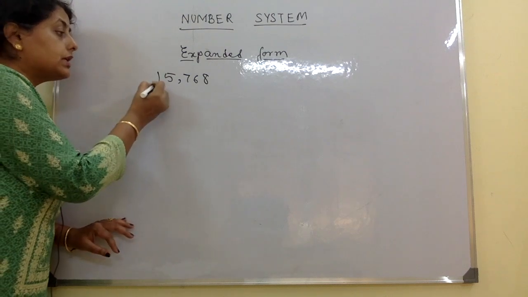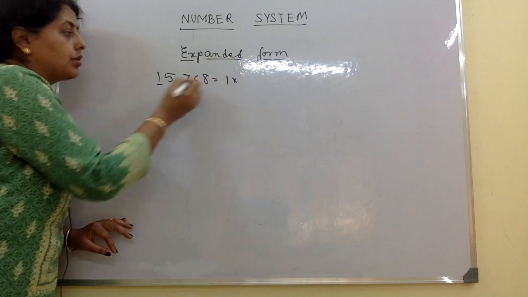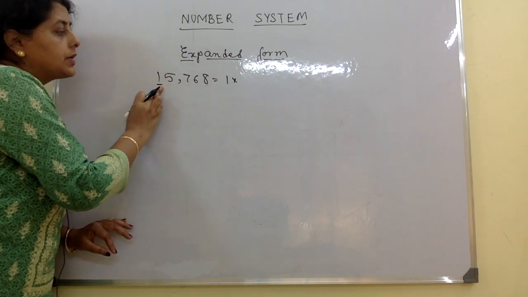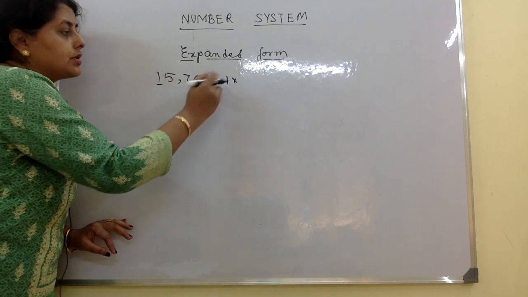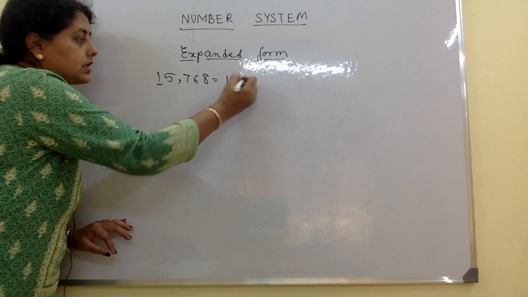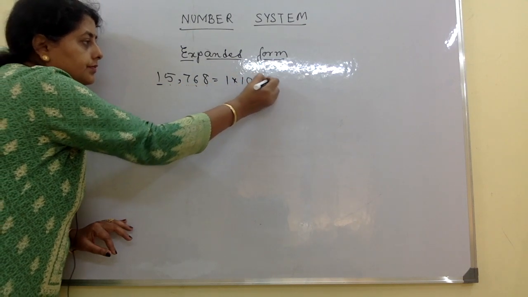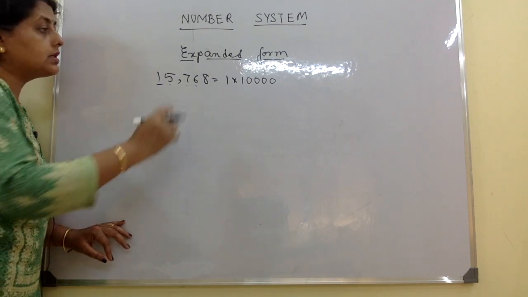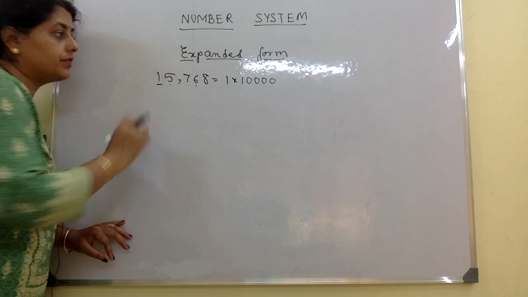What I'll do is I'll take this first one is equal to 1 into, how many places are there? 1, 2, 3, 4. This is 15,000, right? So there should be 10,000 after this. So it is number of places here, that many zeros.